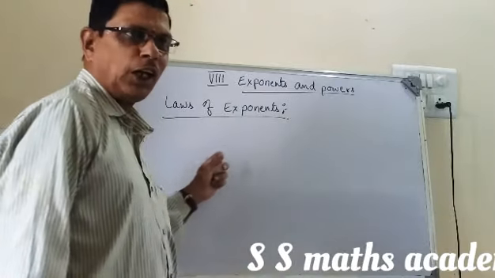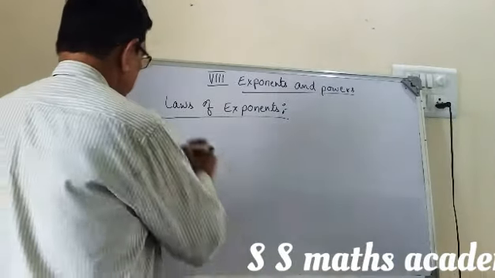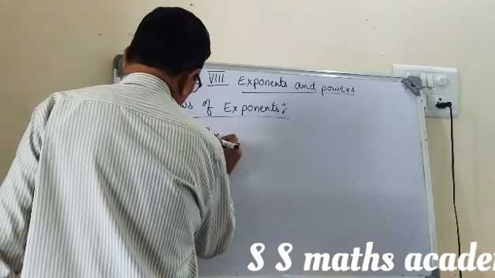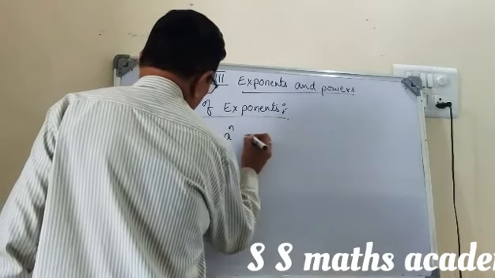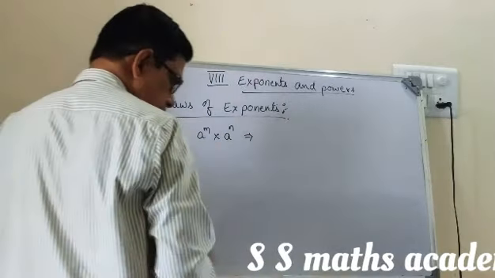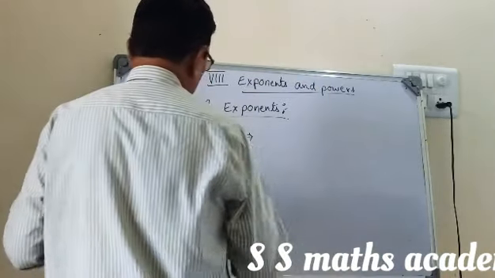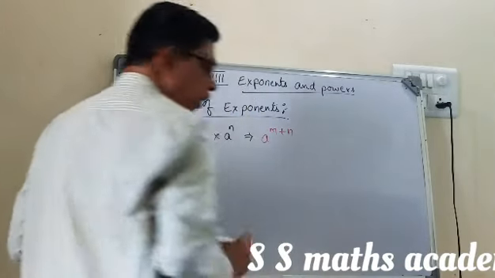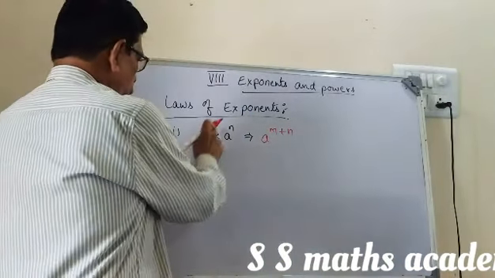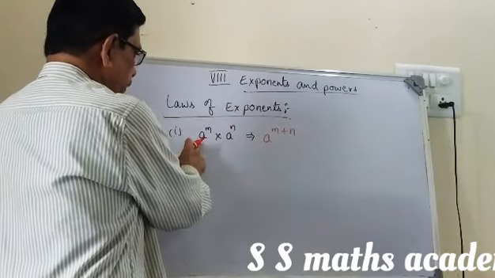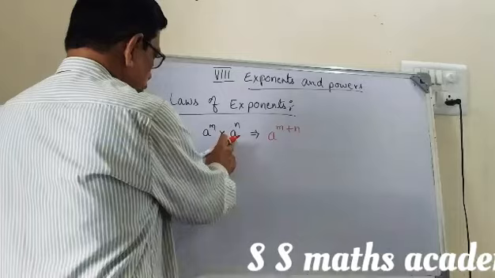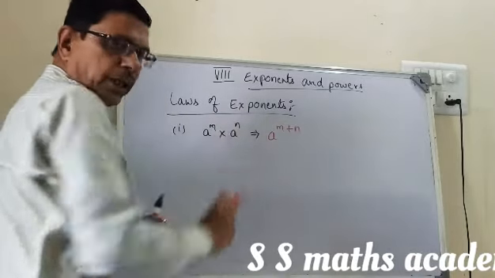Now we learn the laws of exponents. The first is a to the power of m into a to the power of n can be written as a to the power of m plus n. Here in a to the power of m, a is called the base and m is called the exponent, and in this case a is called the base and n is called the exponent.